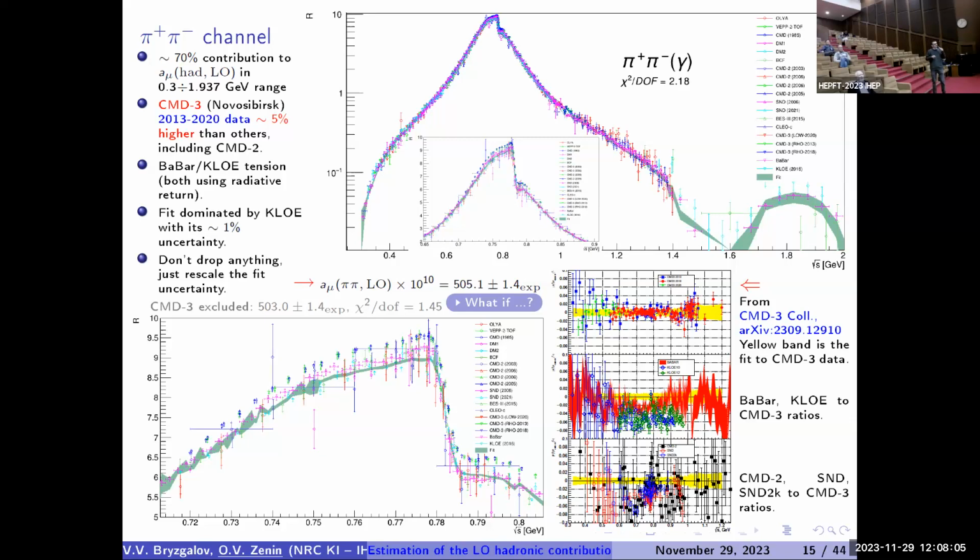If, for the moment, we assume that there is no CMD3 experiment, the fit will be a bit lower, but still it's compatible with our fit including the new CMD3 data. Of course, one can ask: what if CMD3 is correct and other experiments have some systematic bias?